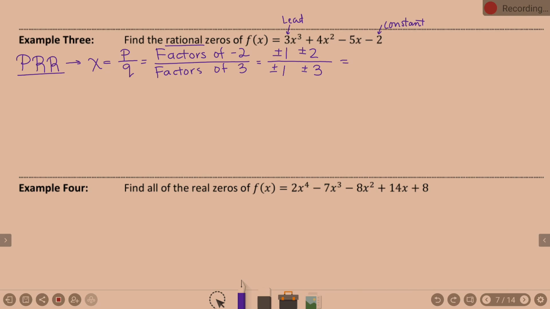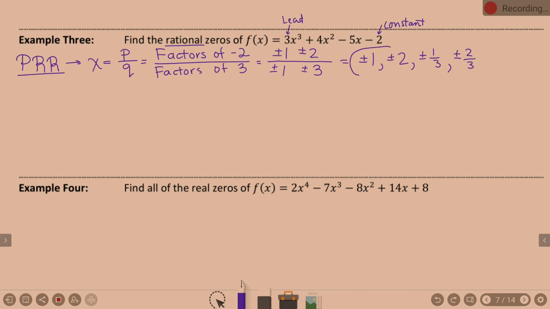So I would start off by putting everything over 1. So what's 1 over 1? Plus or minus 1. What's 2 over 1? Plus or minus 2. And then I would put everything over 3. So 1 over 3, plus or minus 1/3, and 2 over 3, plus or minus 2/3.